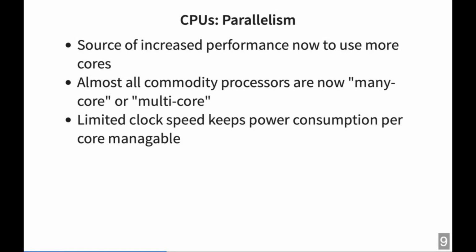Your mobile phone will probably be a multi-core thing, and this again is to add parallelism to provide more work rather than increasing clock speed, and thereby you keep power consumption manageable.